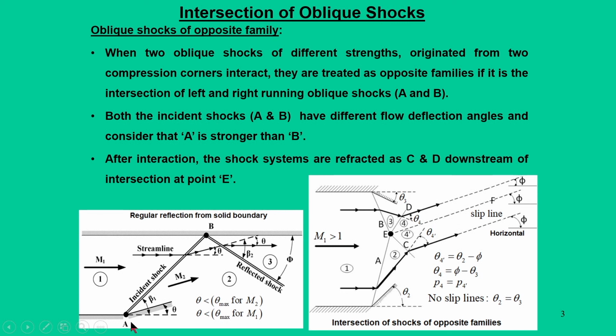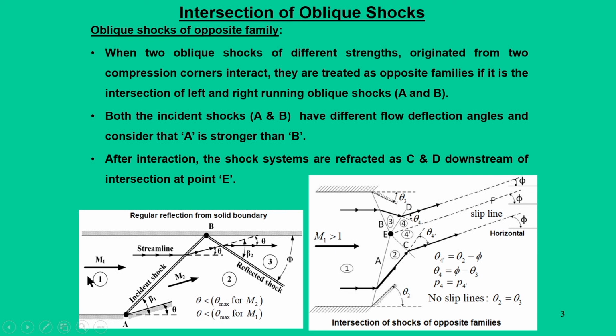One such case demonstrated was the regular reflection from a solid boundary, in which there was an incident shock formed from a compression corner which makes an angle theta, and this incident shock makes an angle beta 1 with respect to the horizontal. Now, there is another boundary located in the upper part. So, this incident oblique shock impinges on this solid boundary. As a result, it gets reflected.